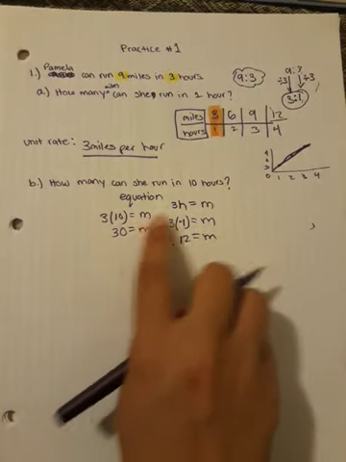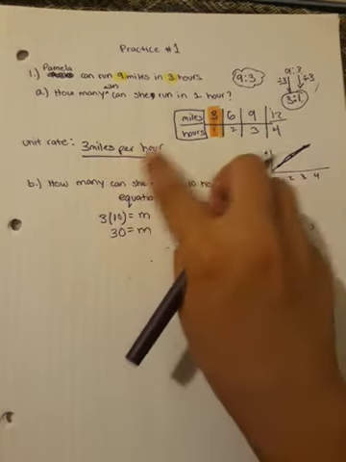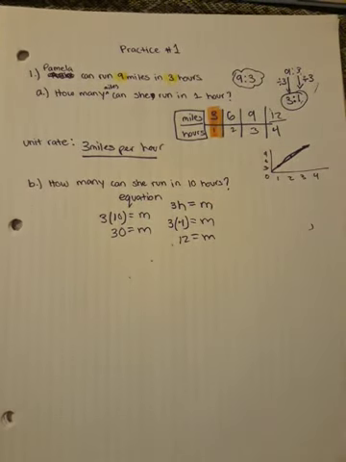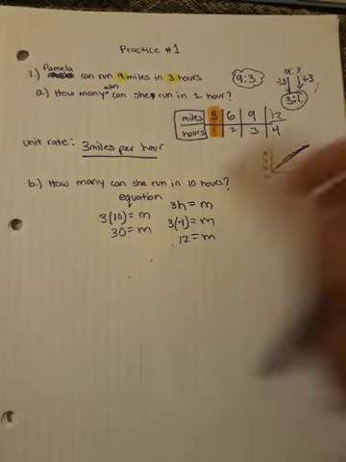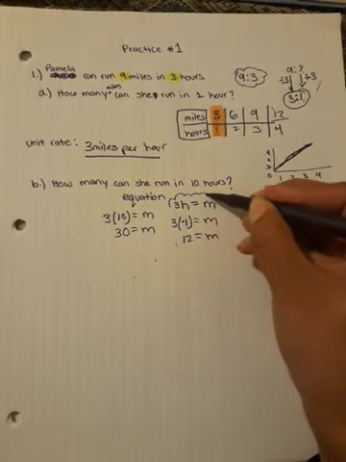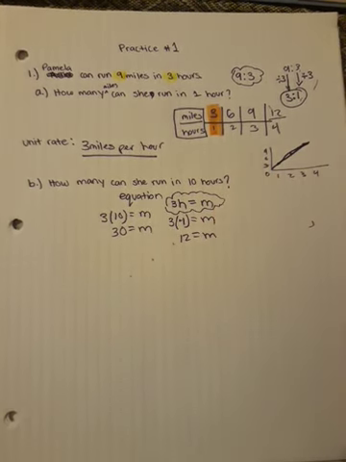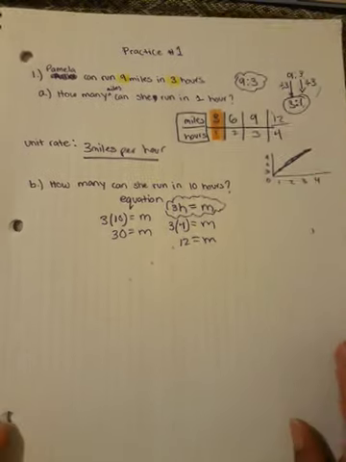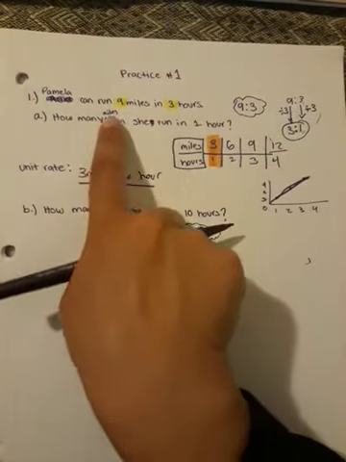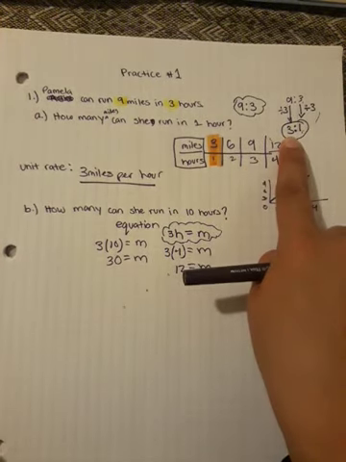So this equation, a lot of you can do it in your head, right? If she runs 3 miles per hour, 10 hours, 10 times 3 is 30. Easy. But also get in the habit of being able to write a really quick equation, because this will help you understand algebra. All right, so just reviewing what we went over. We drew a table. We found equivalent ratios.